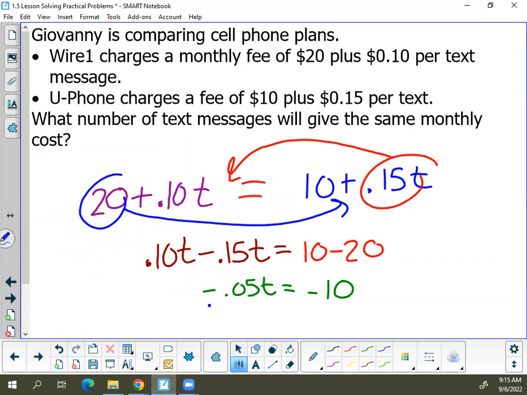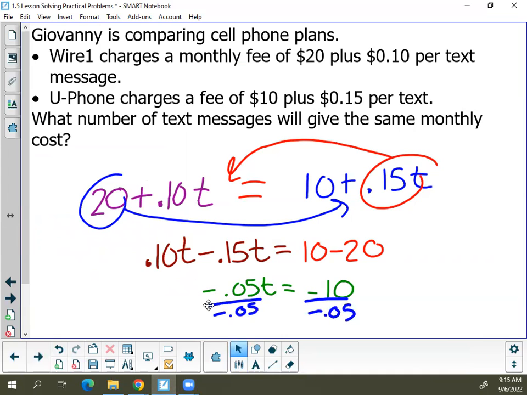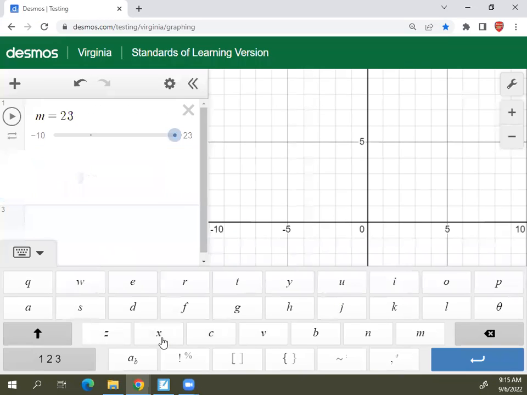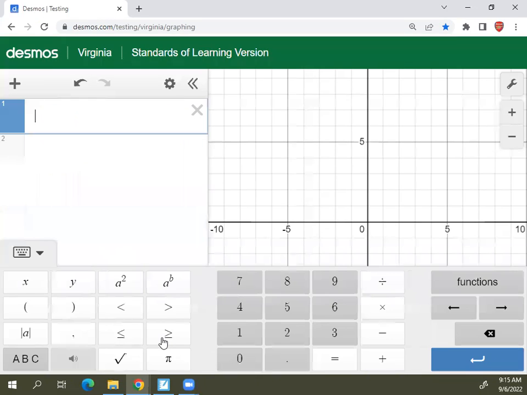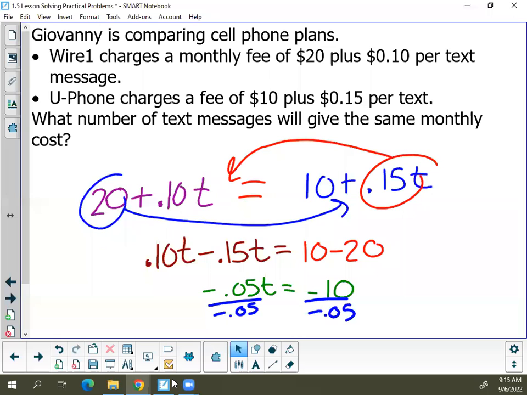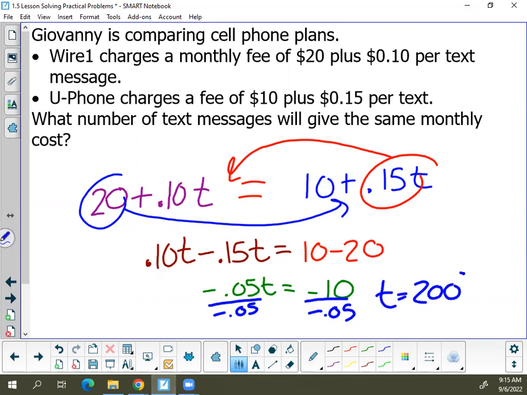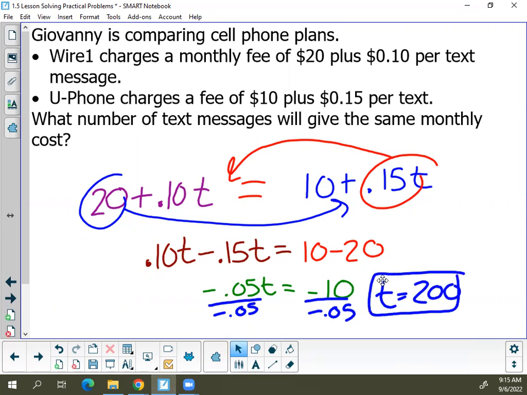So I'm going to divide by negative 0.05 on both sides. Oops. And I do believe I missed a negative sign in there. And so I get 200. So that means if I send 200 text messages, it doesn't matter which plan I have, I will have the same bill.